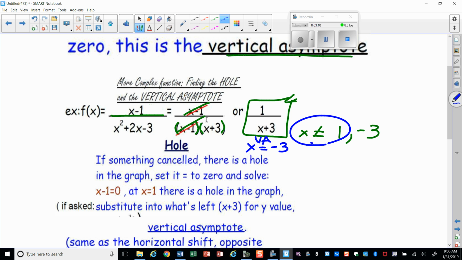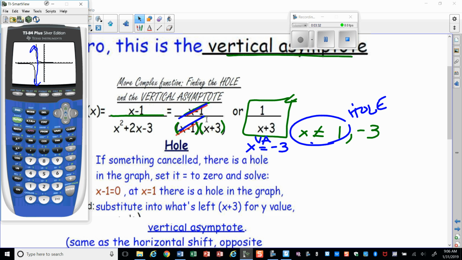Now this guy is going to be the hole, because it canceled out. And what that means is if you look at your table, go to the second graph and look at the table.